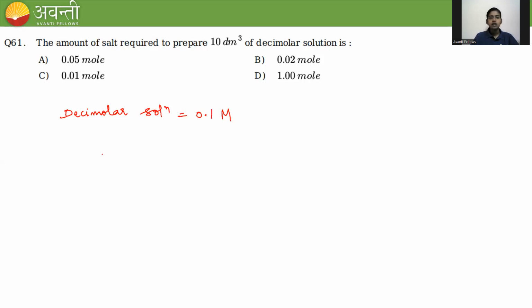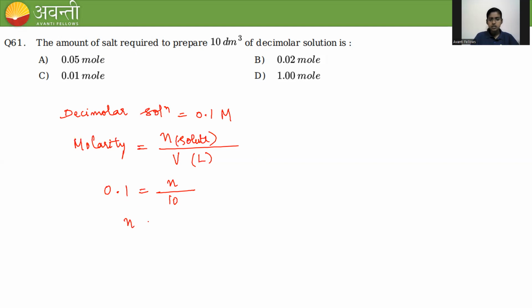Okay, and we all know that molarity is equal to number of moles of solute divided by volume of solution in liter. Now here the molarity is 0.1. So 0.1 is equal to number of moles of solute divided by volume of solution, that is 10.